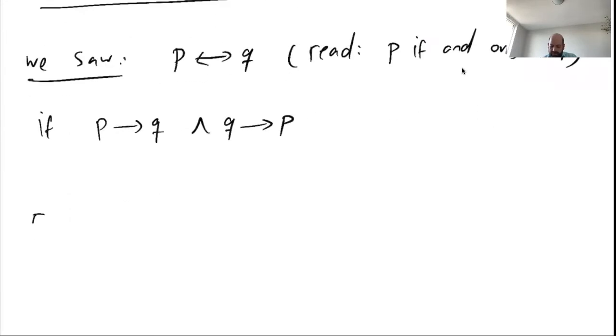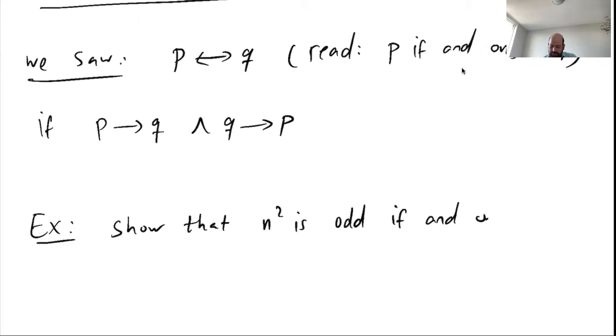Okay, so for example, show that n squared is odd if and only if n is odd. If you remember, last time we proved both directions: if n is odd, then n squared is odd, and if n squared is odd, then n is odd. Therefore, both statements are true, so the statement is an if and only if statement.